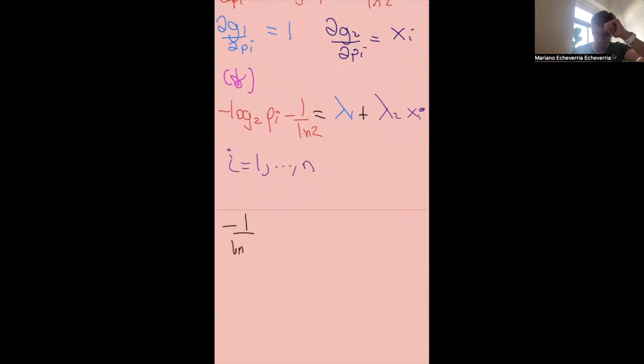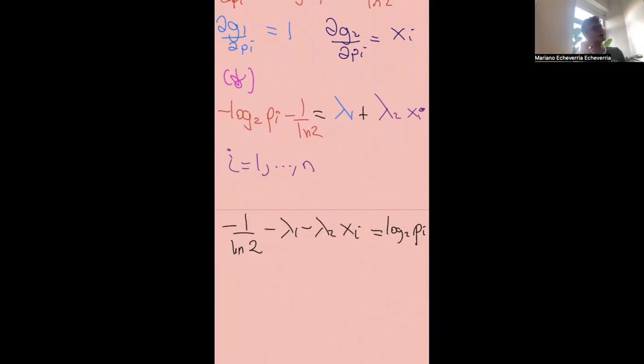I'll move everything else to the left-hand side. Okay, and this gives you, how can you solve this?